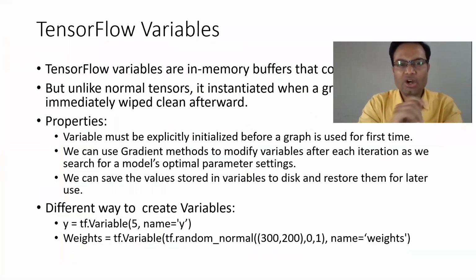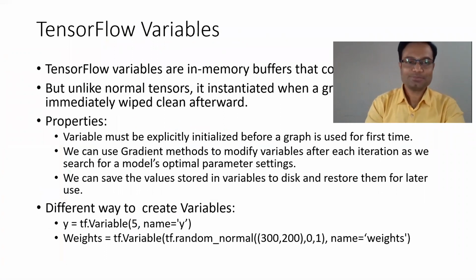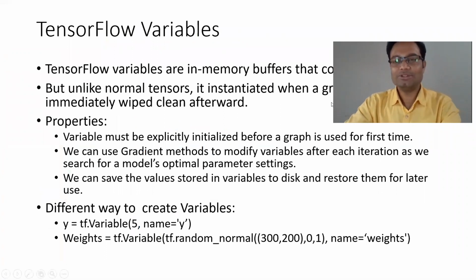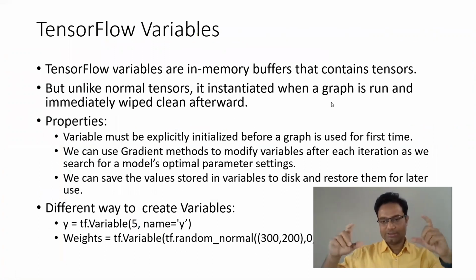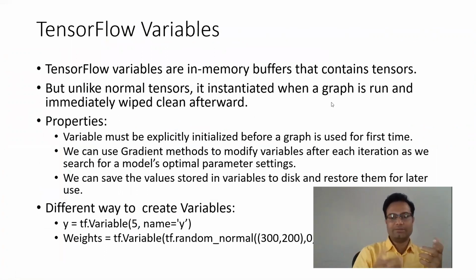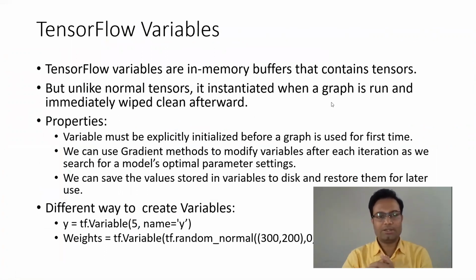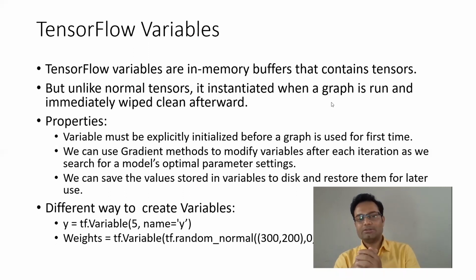Now the important thing is variables. These variables are a bit different from the normal variables we used to use. TensorFlow variables are memory buffers that contain a tensor. I have already explained the tensor: a multidimensional array, which could be a scalar, vector, or matrix. But unlike a normal tensor, a normal tensor is wiped out right after the graph is run.